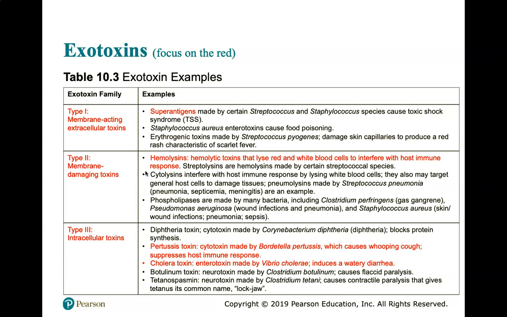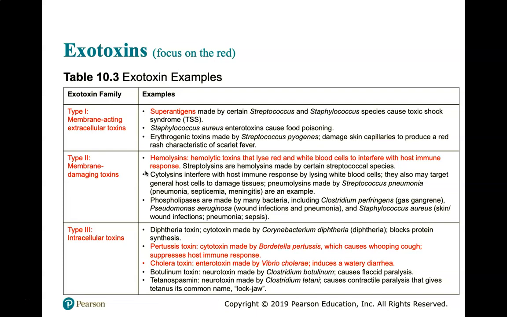So type 1, membrane-acting extracellular toxins. Basically that description tells us a lot. The toxin acts on the membrane extracellularly, meaning on the outside of the membrane, and it can do quite a few things.